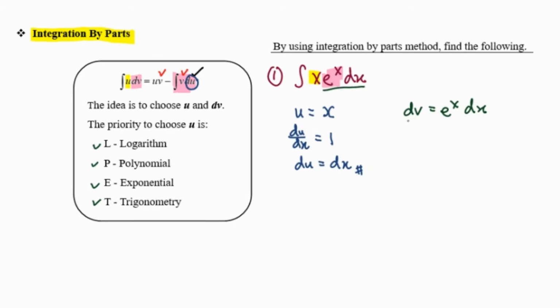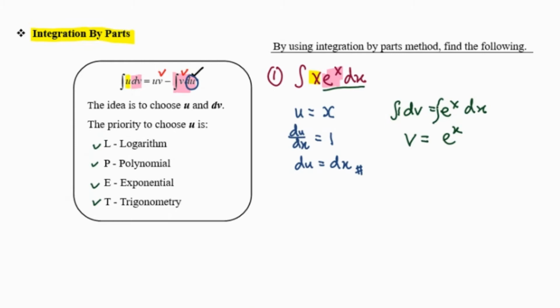So for dv, how do I get v? I can integrate both sides. When I integrate dv, inside here is 1, so integrating 1 dv, our unknown is v, it equals v. When I integrate e^x, we get e^x.